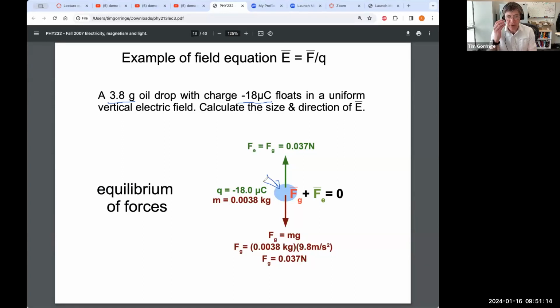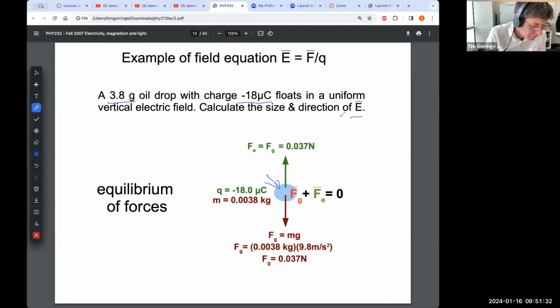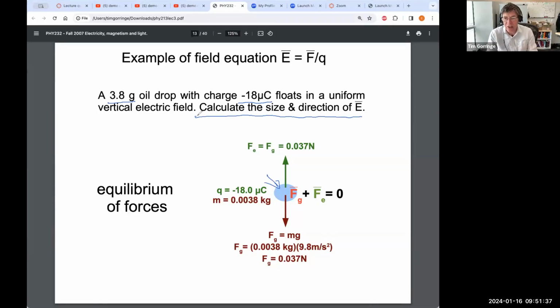And if it's just floating there, there must be an equilibrium of the forces. The force of gravity is being exactly balanced by the electrical force. So the question asks us, based on that understanding, to calculate the size and the direction of the electrical field. And so we're going to go ahead and do that.